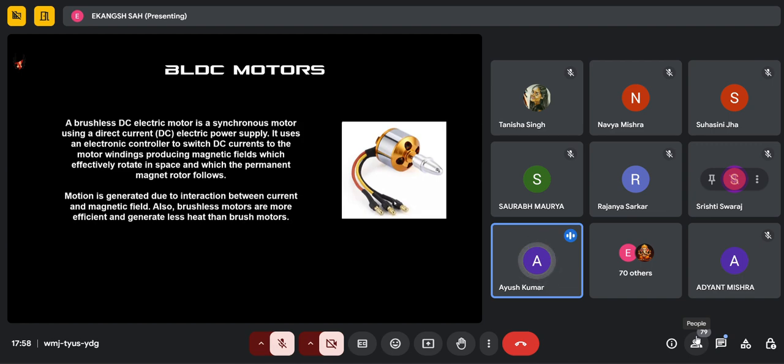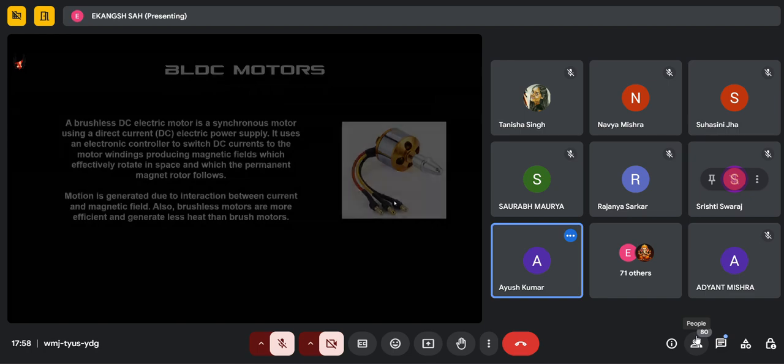The brushed one, along with having brushes, has a commutator for changing the direction of current in order to produce the magnetic field, whereas the brushless one uses an electronic controller to produce a rotating or time-varying magnetic field for rotating the motor. Now next slide.